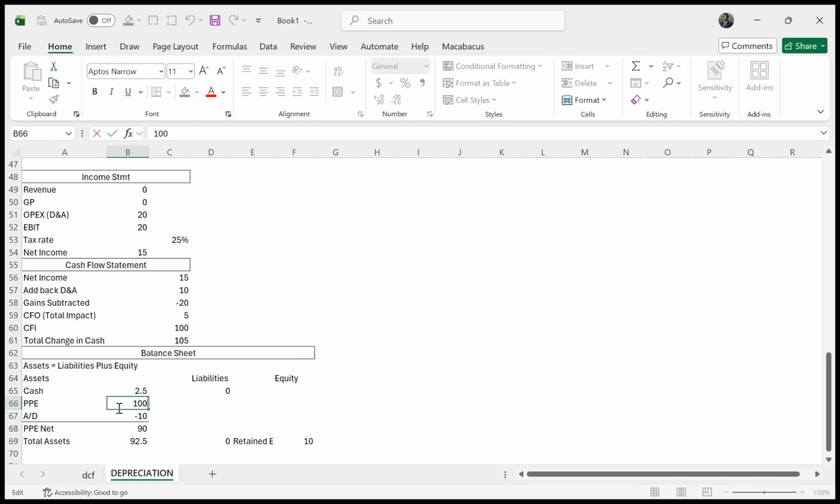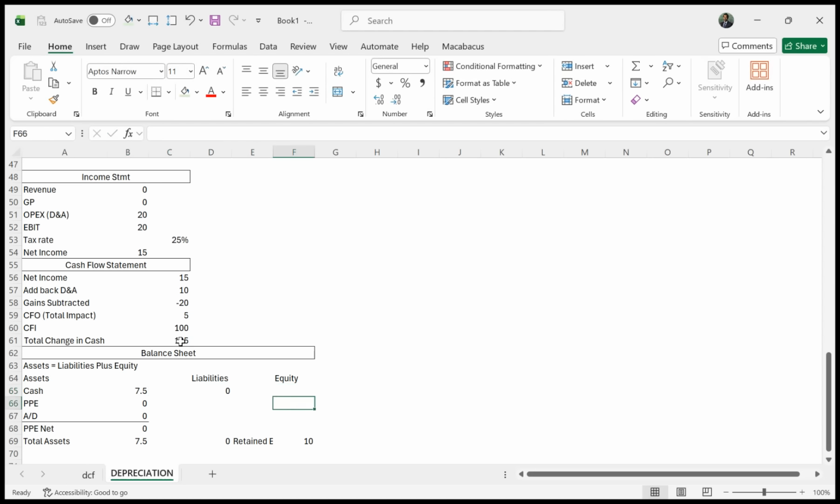Okay, your PP&E, you're effectively getting rid of this. We're getting rid of it. You're wiping the AD too, so we'll just get rid of it. Okay, PP&E is gone. Cash is right here. Or sorry, you would do 105. You would take this piece. So that's where we're at there.